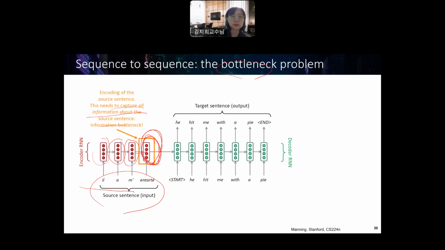But if this changes a little bit, then the output may change a lot. That's so risky, right? Instead of keeping this as a bottleneck, is there some other, more flexible way we could do this?